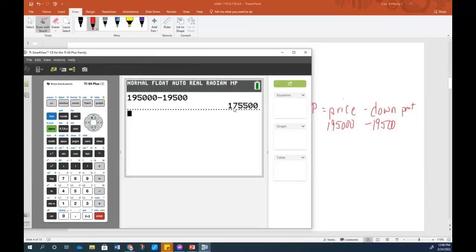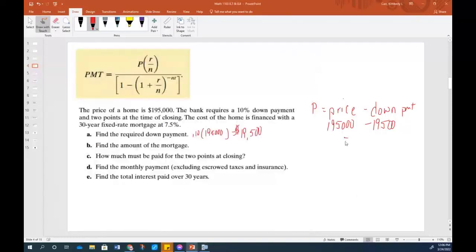And so we're actually going to be financing within this example $175,500. So that is P. P, $175,500.